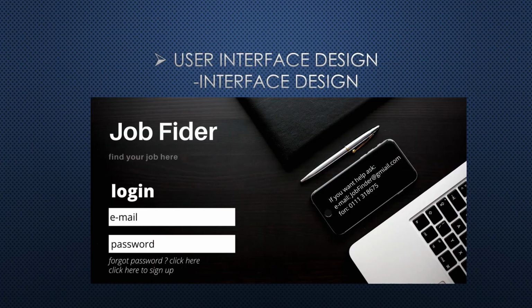User interface design. In this section, it will show the interface design of this project. We make the design easy for the user to use and understand. In this picture, it shows the first page of this website. This page asks the user to log in. If the user has not signed in, we set a button to sign up.